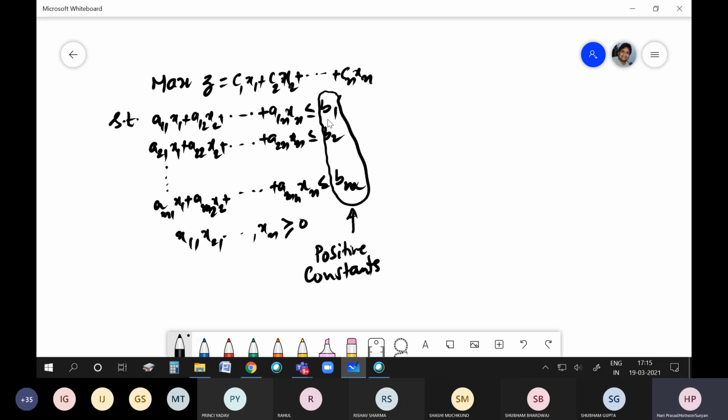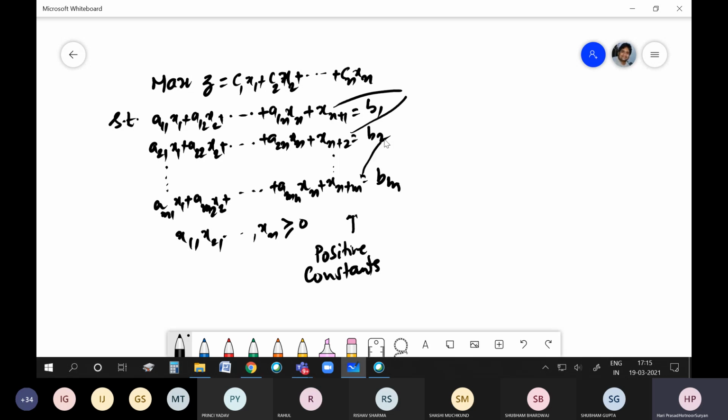So what we did is, first we converted this into equality constraints by adding slack variables. That means we added xn+1 equals b1, xn+2 equals b2, and so on, up to xn+m equals bm. These xn+1 onwards we call slack variables.